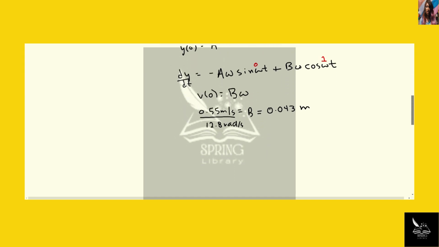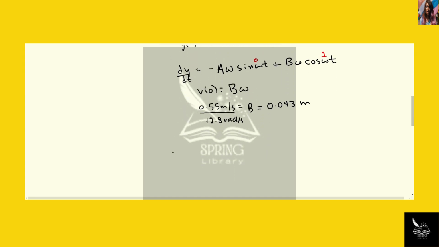So the entire amplitude is going to turn out to be the square root of the sum of the squares. So we can think about the cosine and sine term as being 90 degrees with respect to each other. And we need to add them in quadrature to wind up with the full amplitude of the motion.